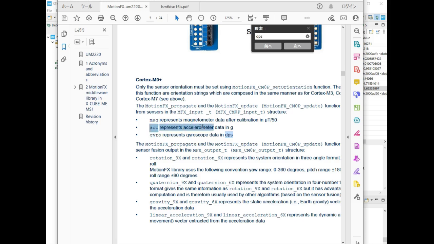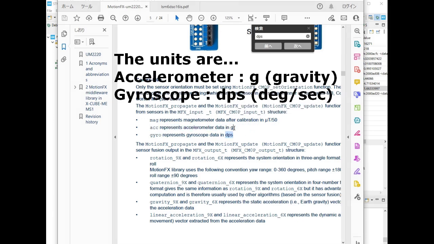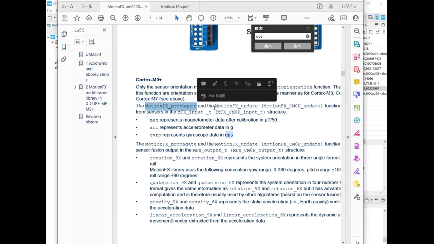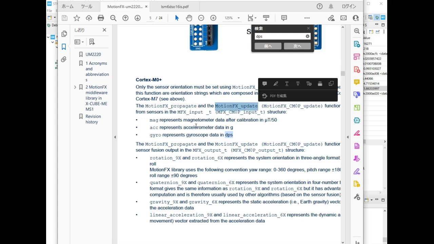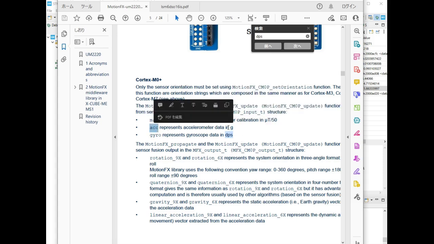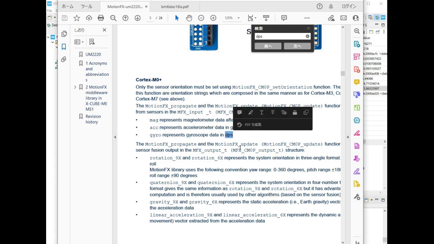ACC, accelerometer in G, and gyroscope is in DPS. These two functions, MotionFX propagate and update, the input is this one. The unit is G for accelerometer, and gyro is dps.